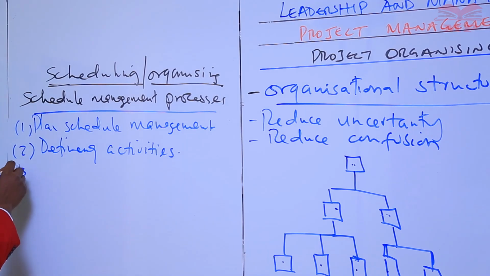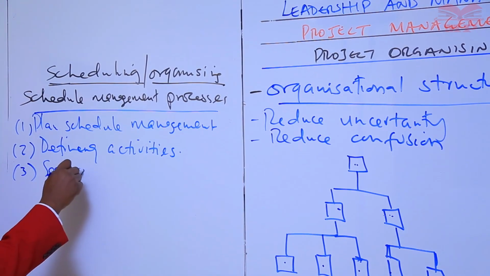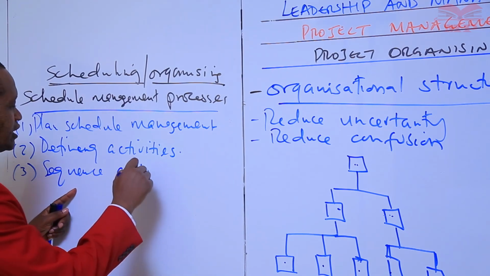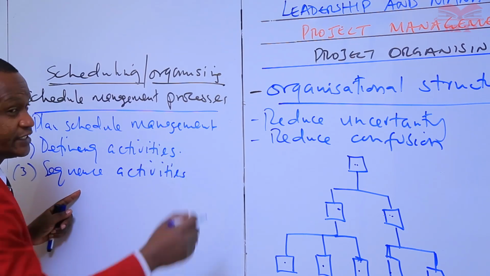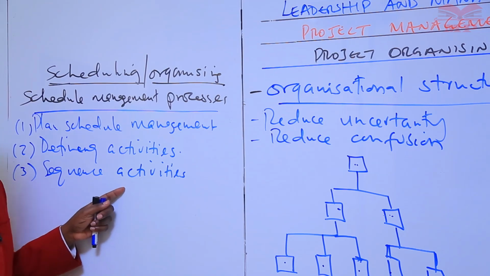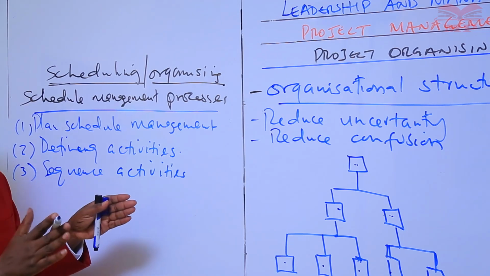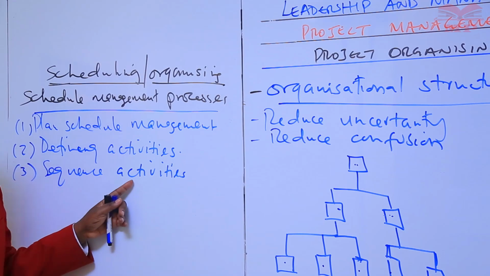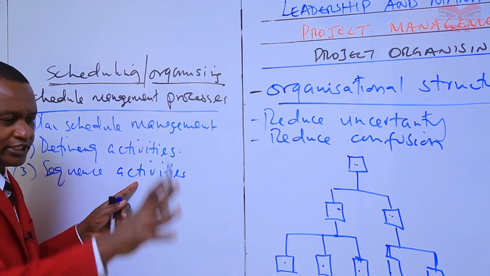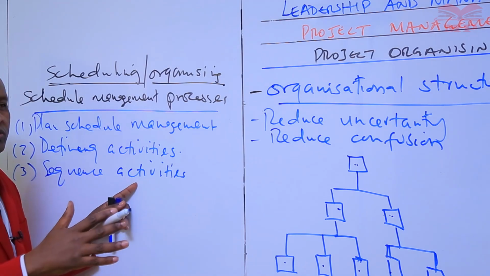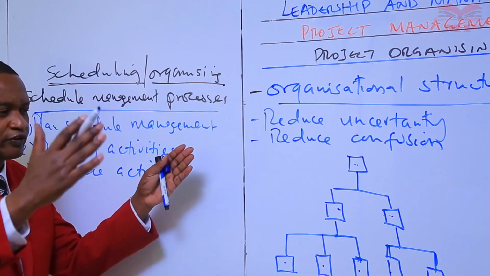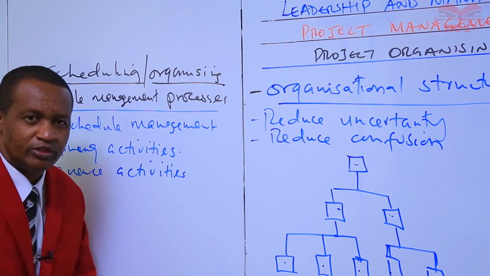Number 3, sequence activities. Sequence activities is a process of identifying and documenting relationships among the project activities. If it's building a factory, you cannot have the raising of walls of a building before laying the foundation.